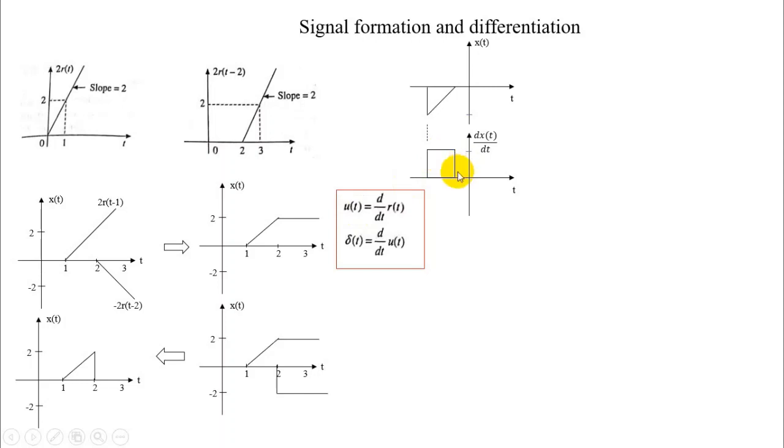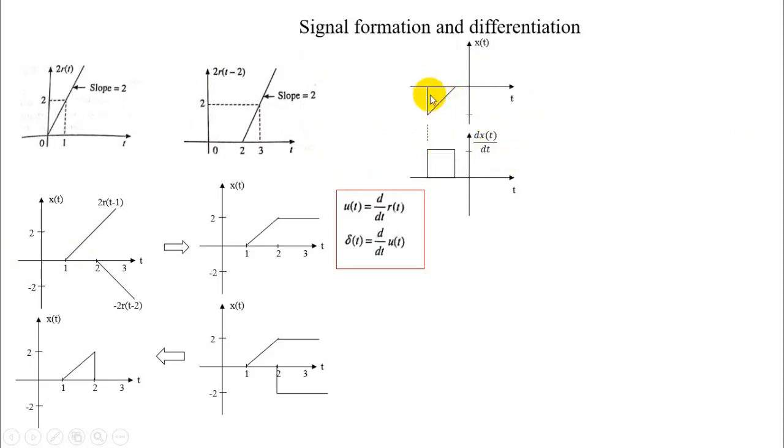In this case, you may ask that this is not a ramp and this is not a unit step. How are those similar? Because there is a part here, a ramp, and that portion indicates the ramp and that portion indicates the unit step. So this portion is derived from that.